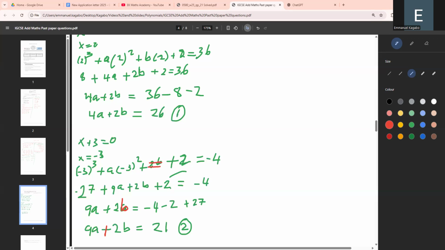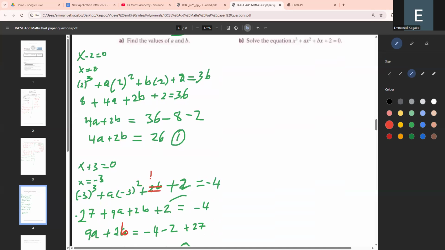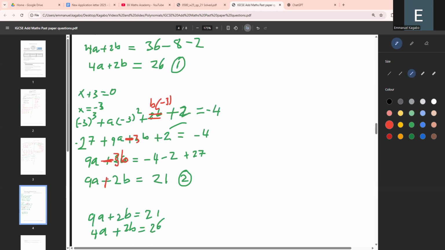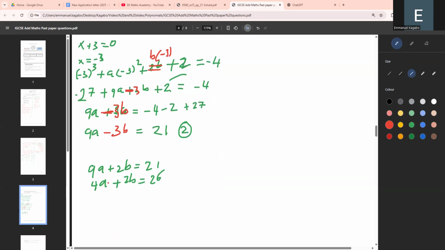This one, guys, is going to be b times (-3). Okay. And this one will be -3b. Is that okay? Sorry for the mistake made. So here the rest I can erase a bit so that you're not confused. Let me write it here very fast. Okay, this is the minus 3b. Altogether here, this will be minus 3b.